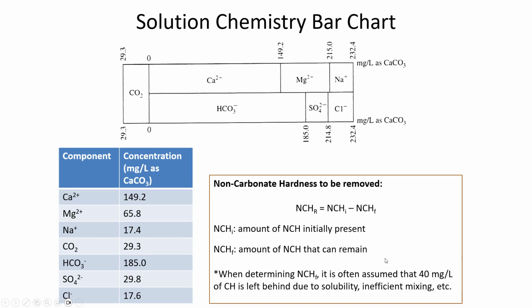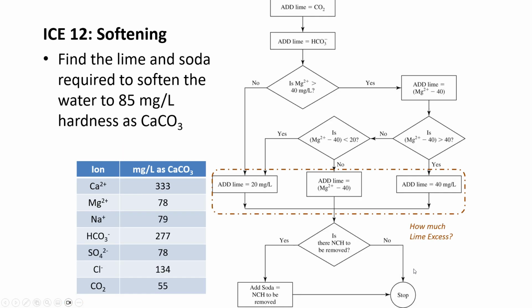So I'll show you how we account for that 40 milligrams per liter when we go through the in-class exercise. Let's do that now. There's a flow chart here that's kind of interesting that can guide our decision-making process when it comes to how much of which chemicals to add.